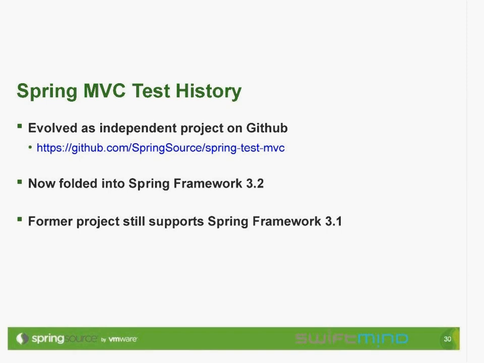The main reason for that is if your project is still working against Spring Framework 3.1, then you can use that project on GitHub and begin using it today with 3.1. However, if you've already upgraded to 3.2, which should be a drop-in replacement in any case, then most certainly look to the Spring Test module of the Spring Framework.